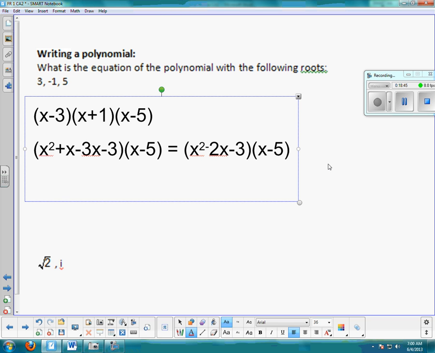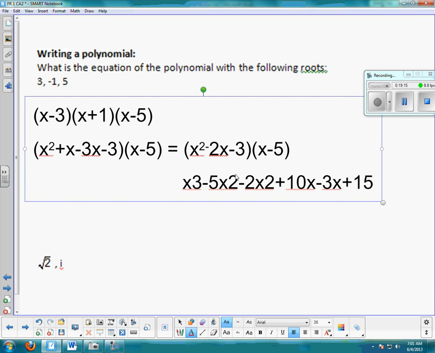And if I did that, I'm going to go ahead and FOIL it because it's a little easier on the computer here. I'm going to get x cubed, and then I'm going to get minus 5x squared, and then minus 2x squared, and then plus 10x, and then I'm going to have minus 3x, and then I'm going to have plus 15.